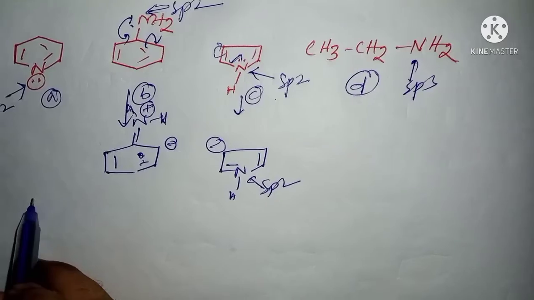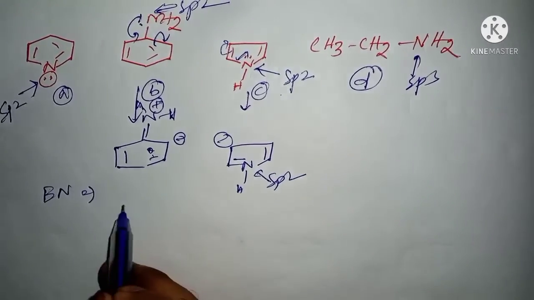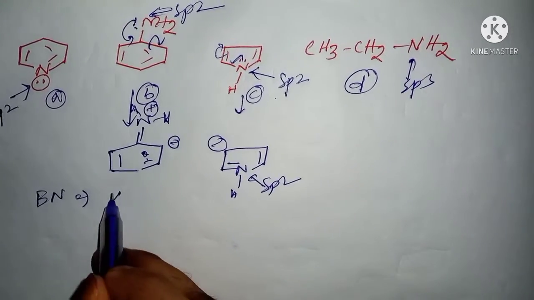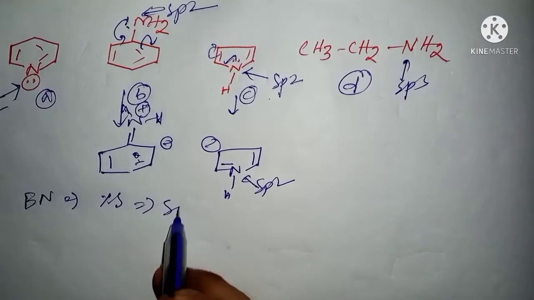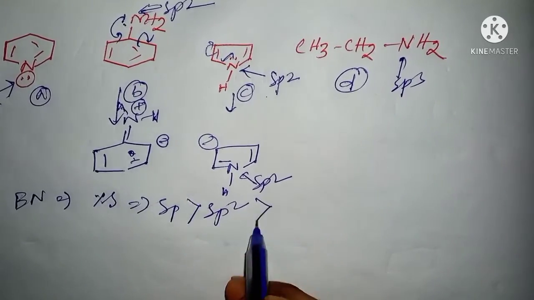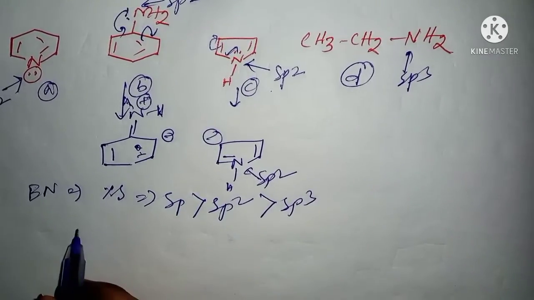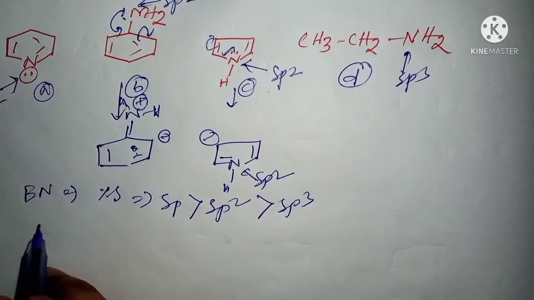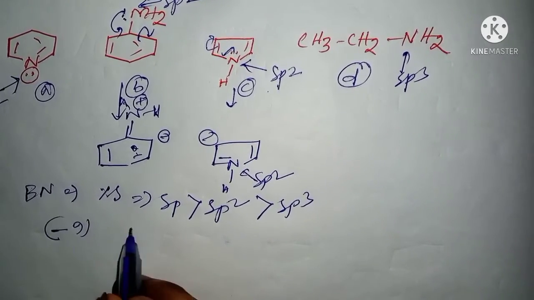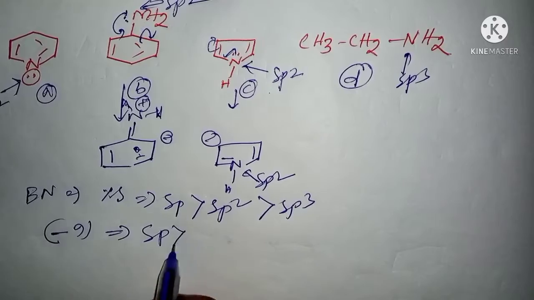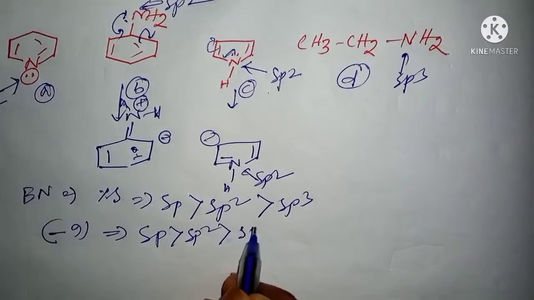We know the electronegativity order follows the percentage of s character order: sp greater than sp2 greater than sp3. As percentage of s character and electronegativity increase, the minus I effect increases, in a similar order, sp greater than sp2 greater than sp3.